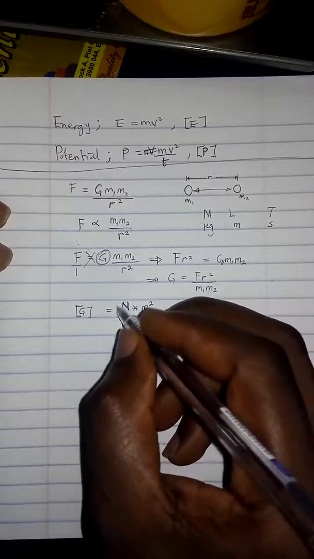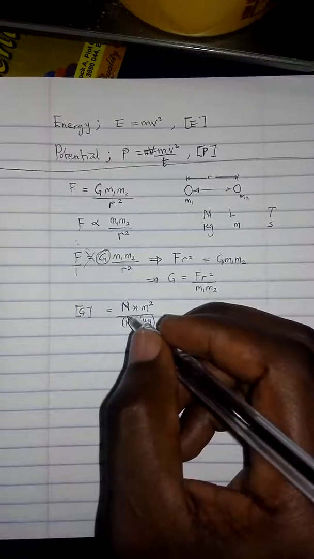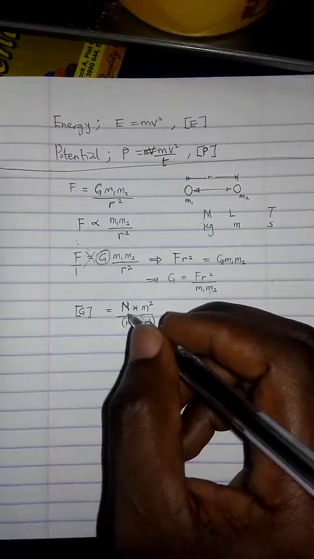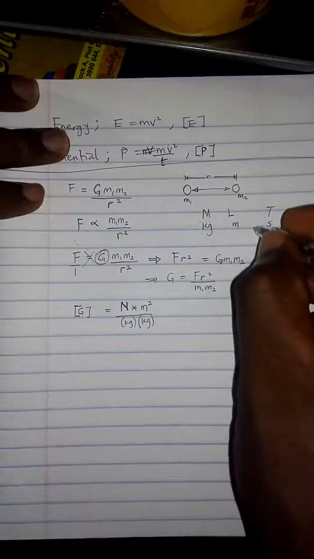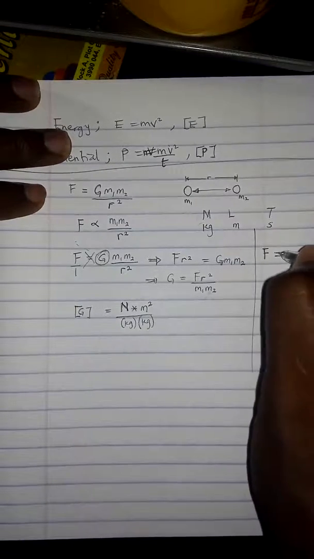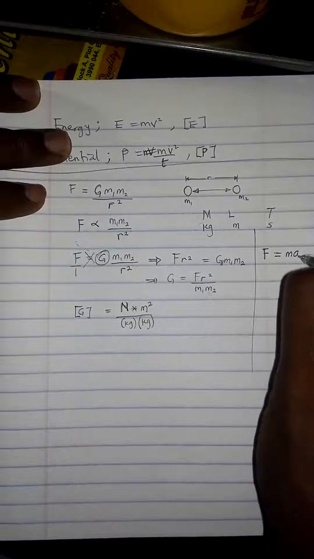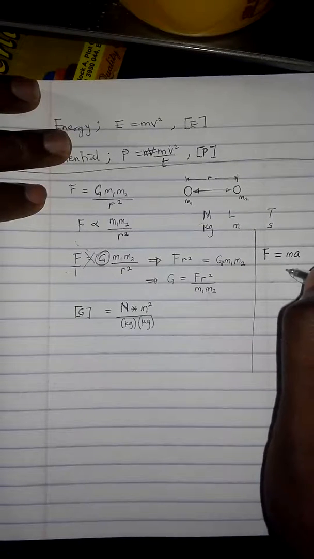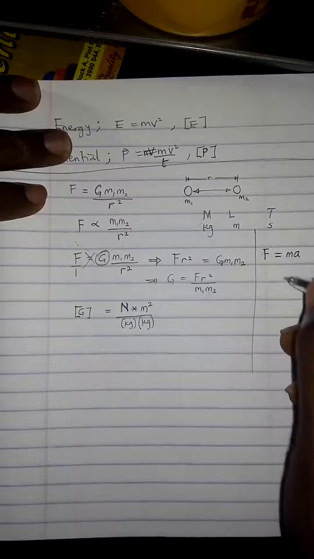Then I need to simplify Newton. I think we did this before. We got the dimension of Newton, if you can remember. In case you cannot remember, it is given by the relationship force is equal to mass times acceleration, which is what you get from Newton's second law.